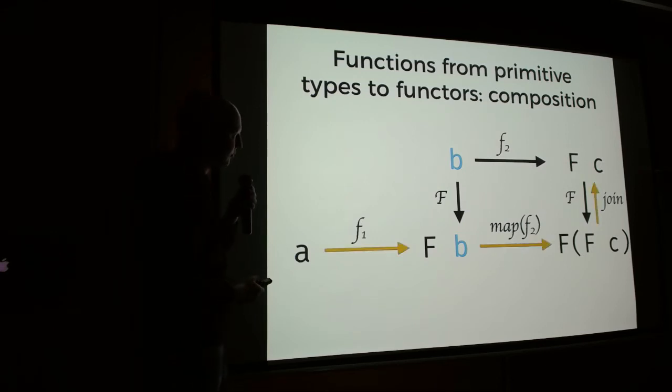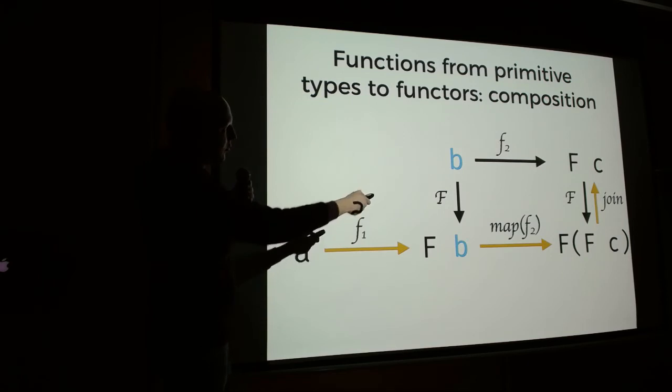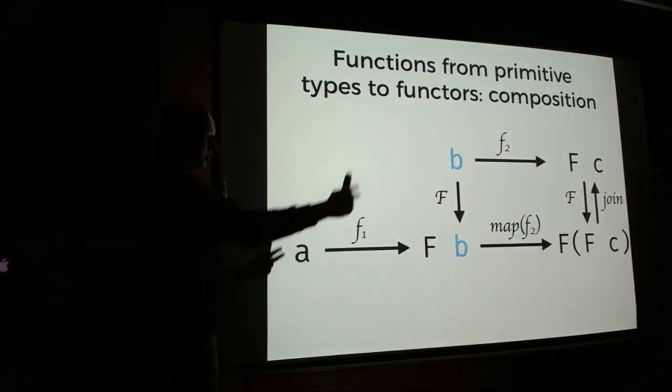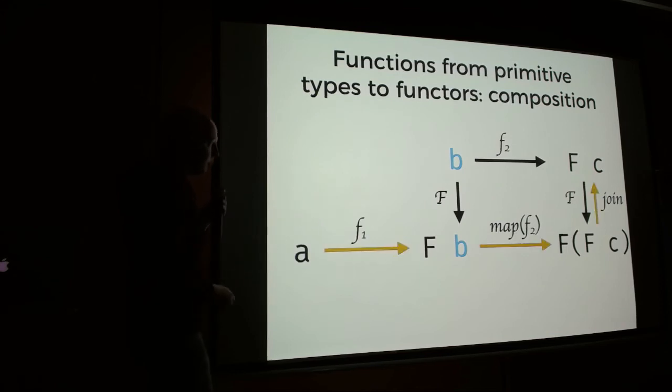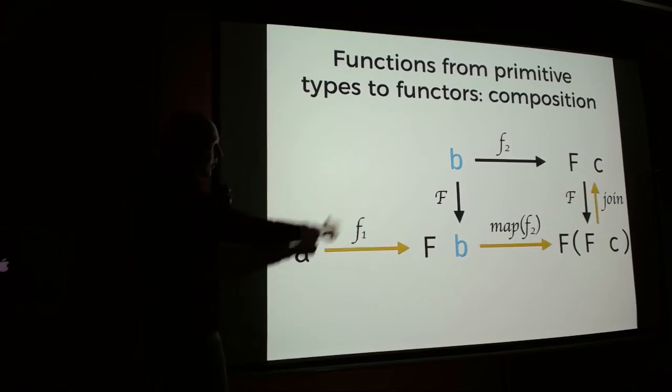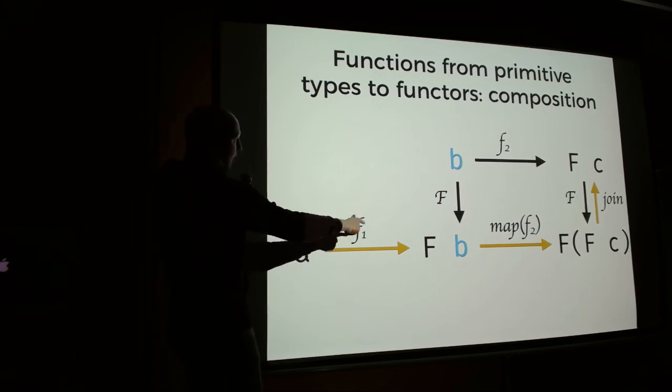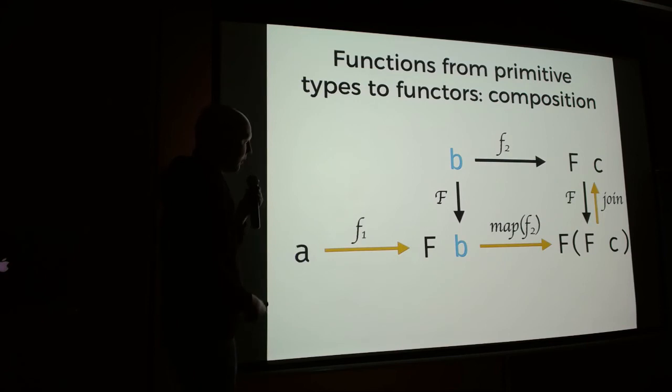So here, if we add join, just over there, from FFC to FC, right, reducing the nestedness, we can now see a path from A to FC, which is just what we wanted when we wanted to compose A to FB and B to FC.